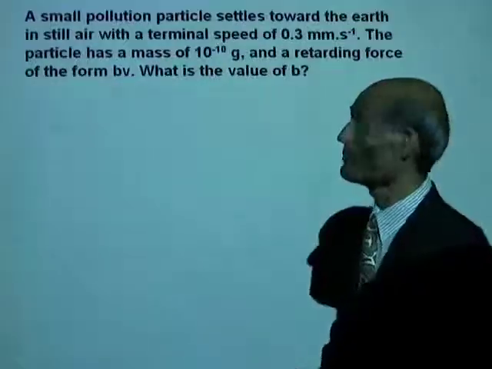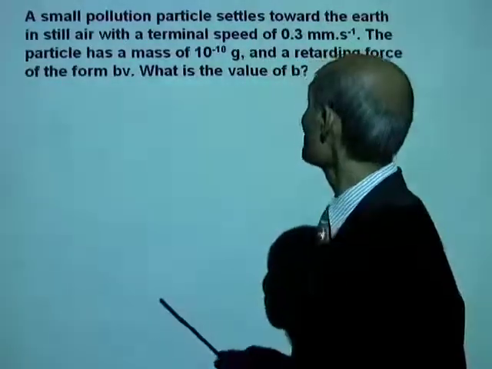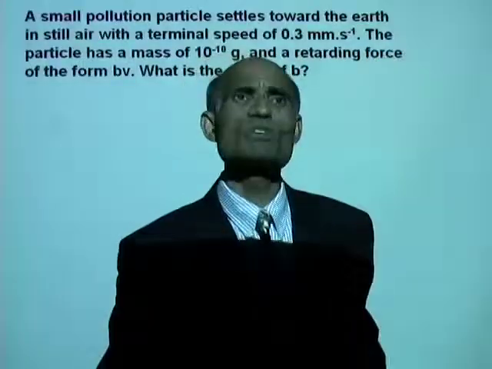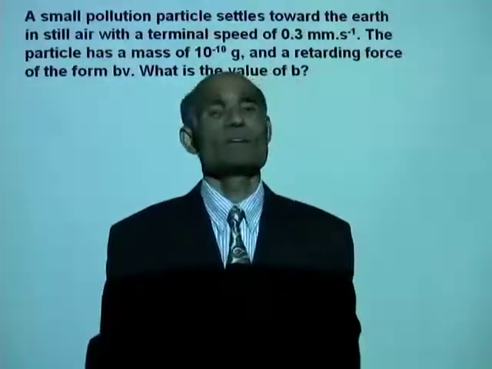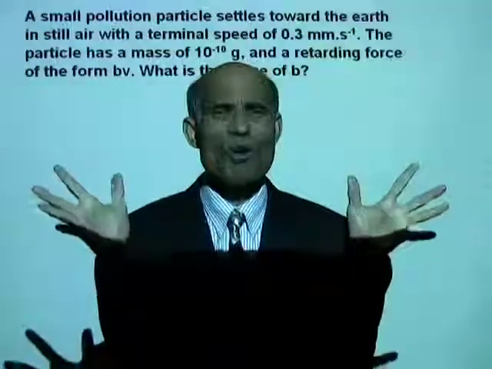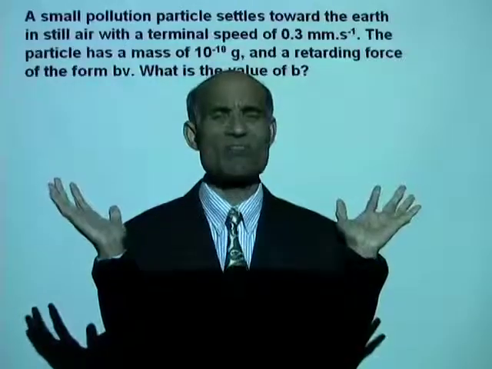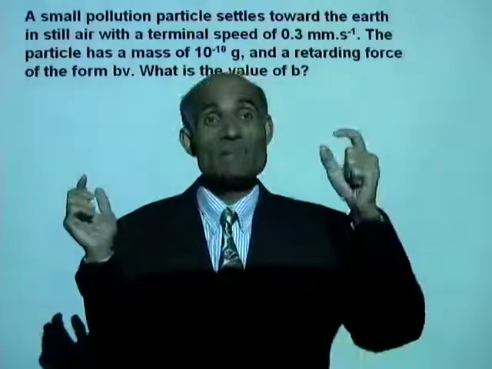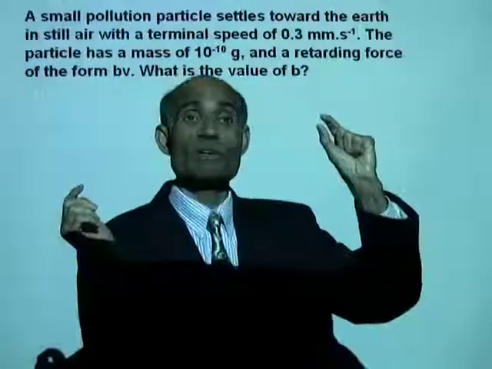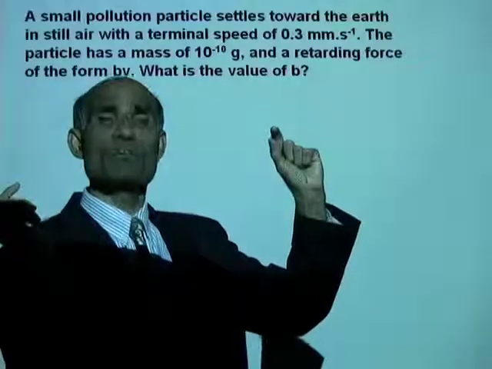Okay, another problem, a similar one. A small pollution particle settles towards the earth. What is a pollution particle? Now, most of us say, oh, our living room, our house is so clean, there is no dust in our room. But if there is a light coming into your room through a hole, look into the path of that light in your living room.